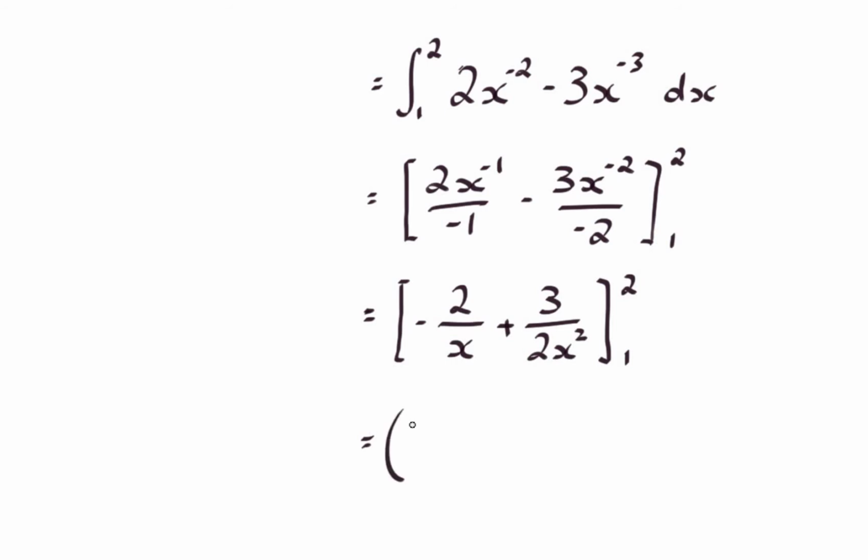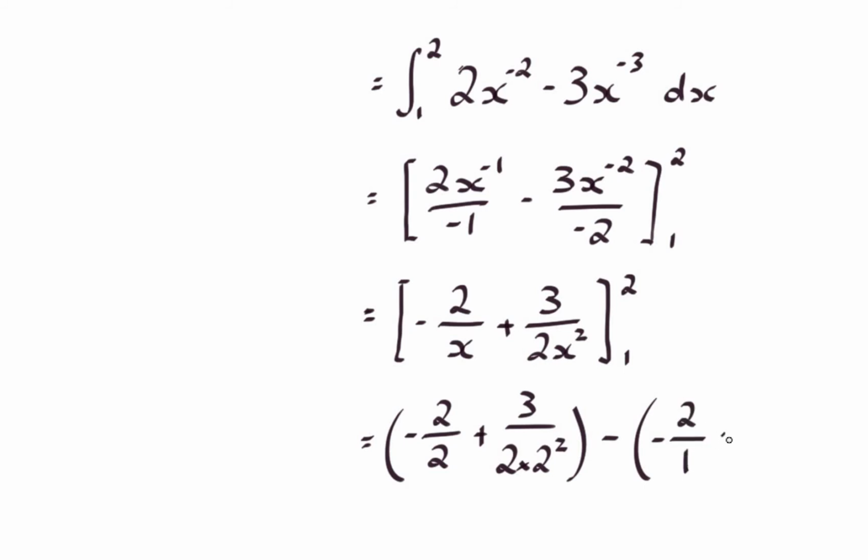So first of all, we have x equals 2. And then we're going to take away the result when we substitute in x equals 1. And now time to calculate.